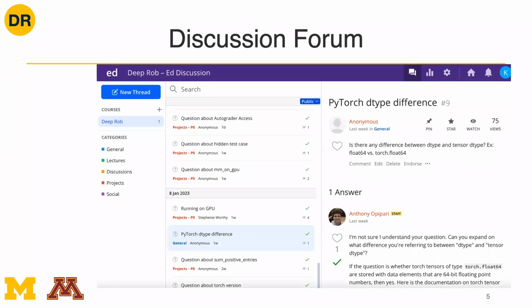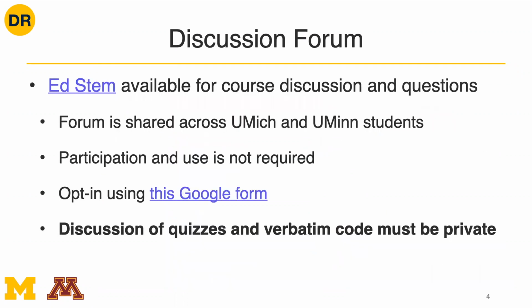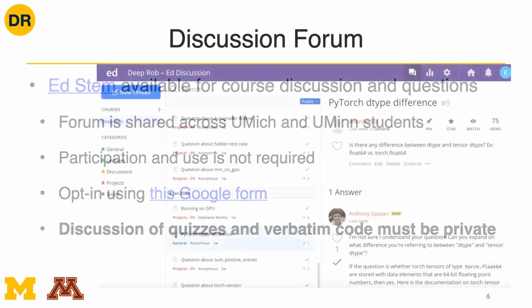There's a bunch of discussion already happening because, as I told you, Michigan is 2 weeks ahead of us. They are already done with project 0 and are working on project 1, I believe. It's a great forum, but again, it's optional. You should use the Google form, which is on the syllabus webpage of the course website, so look it up.